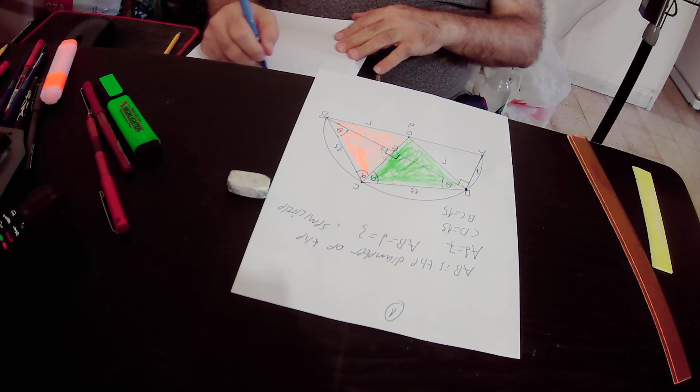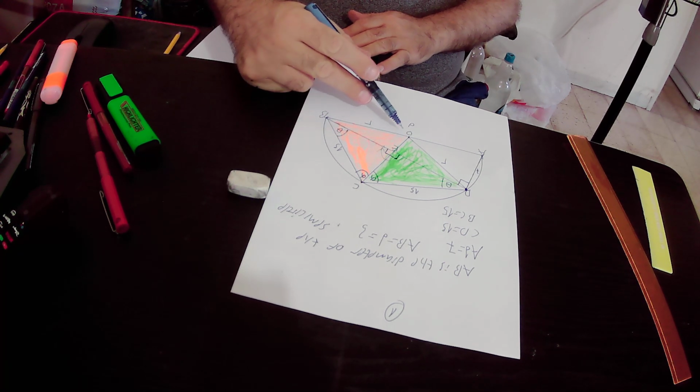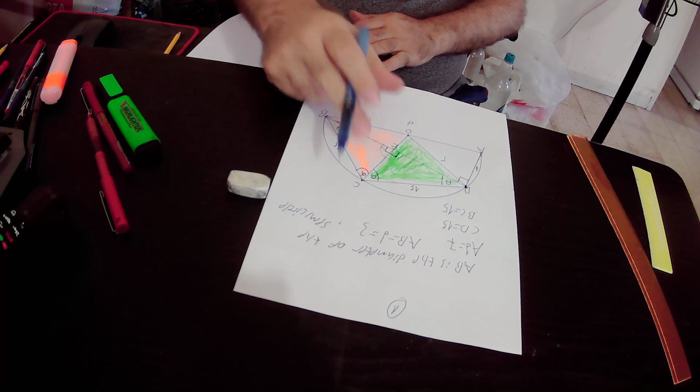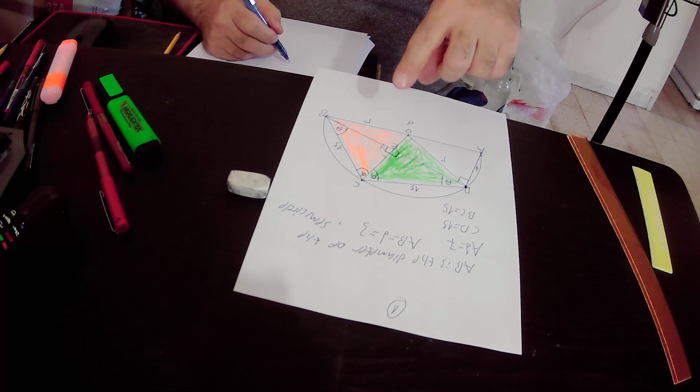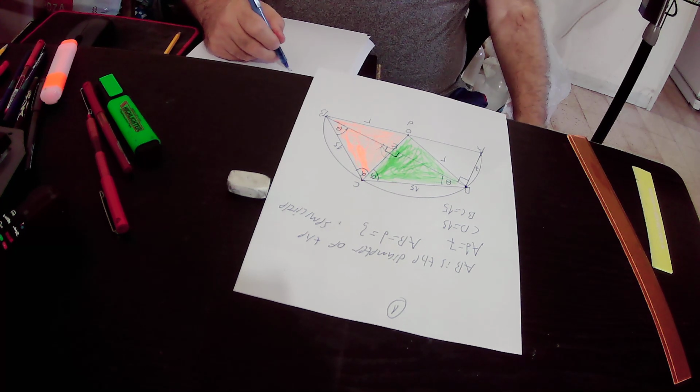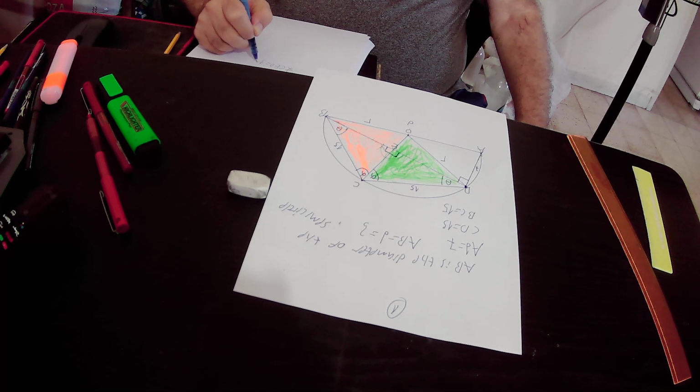Therefore, you can deduce from it that angle CEO equals 180 degrees, because OC is a straight line.